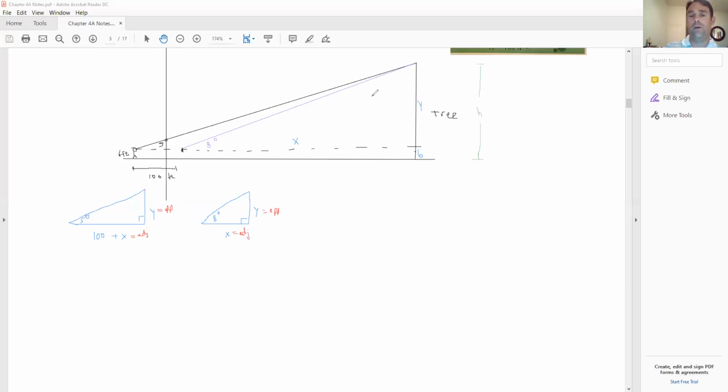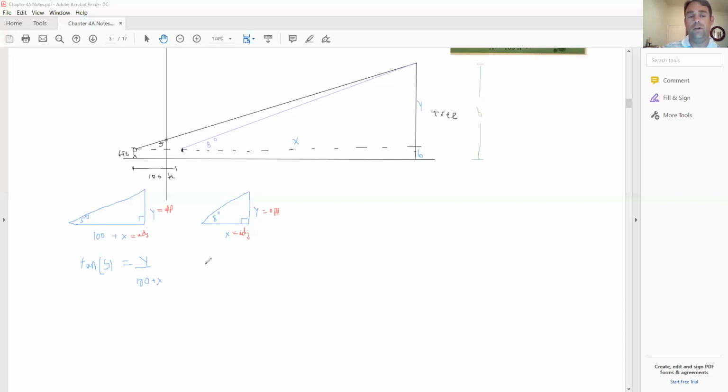So what we got to do is we got to go through and figure out the whole thing. So let's use tangent here, since that's what opposite and adjacent is. So the tangent of 5 degrees equals opposite over adjacent.